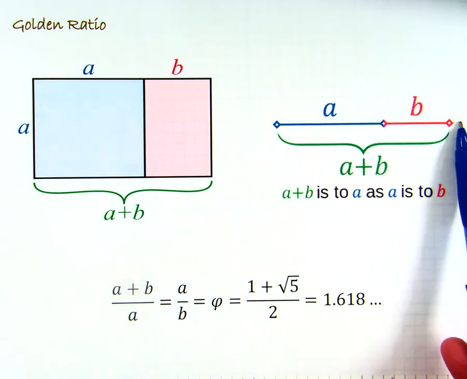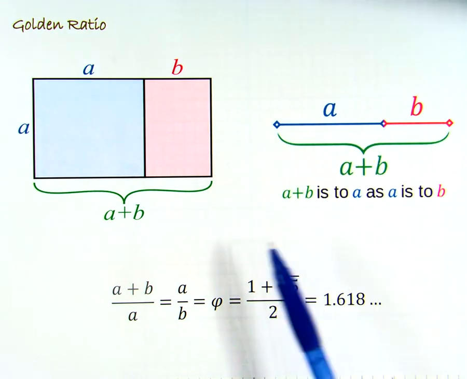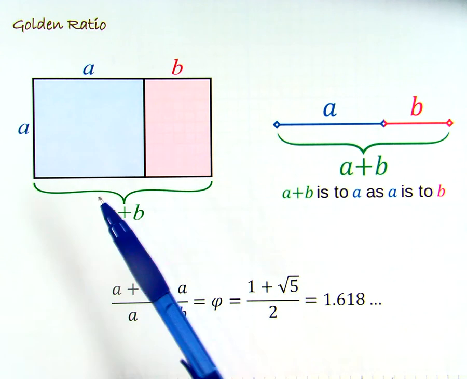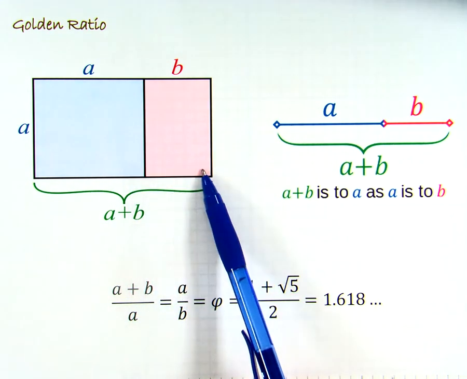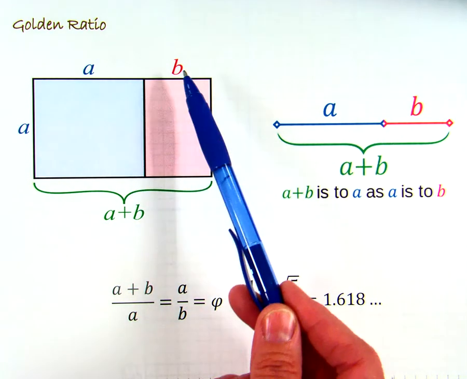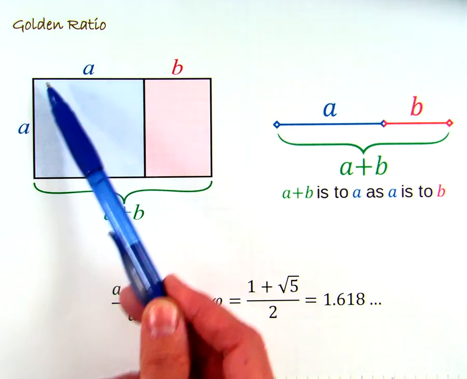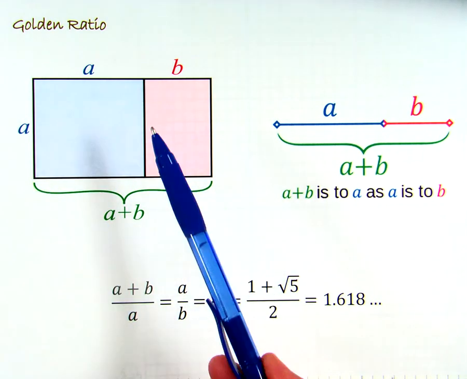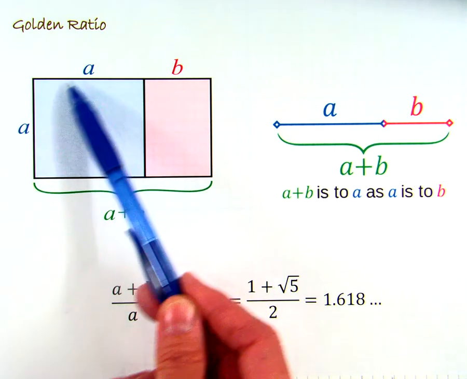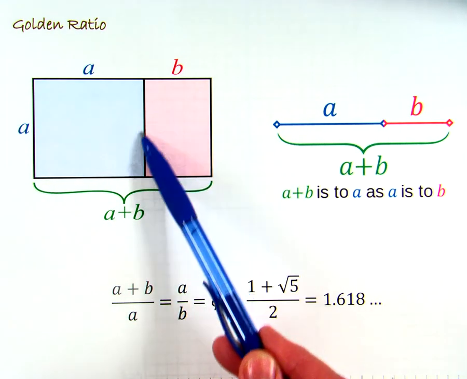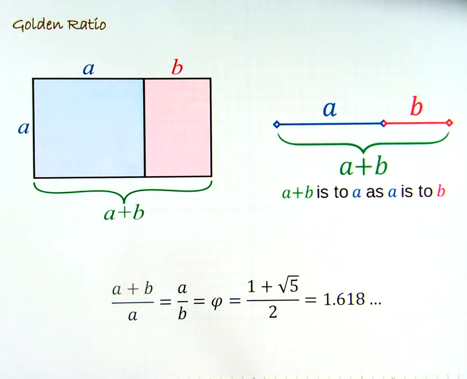A plus B is to A as A is to B. Here we have our first rectangle, the pink one, A to B, then A plus B to A. We can keep doing this, many iterations of it. As we draw around at the midpoints, it will curl around and it will actually become the shape of a conch shell. It's very common in nature, something you ought to know.